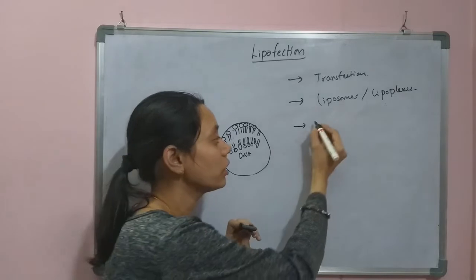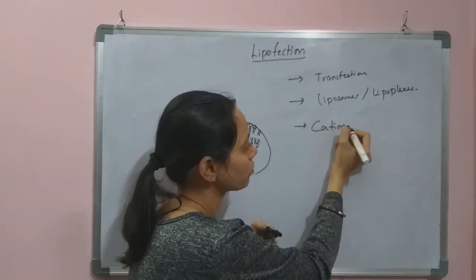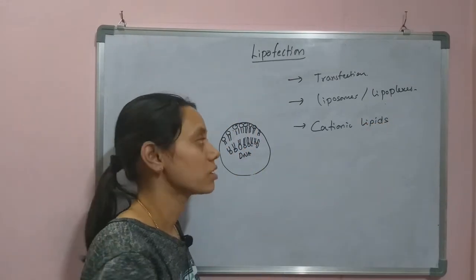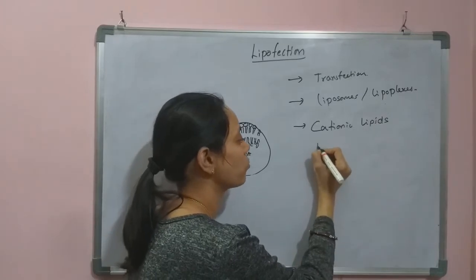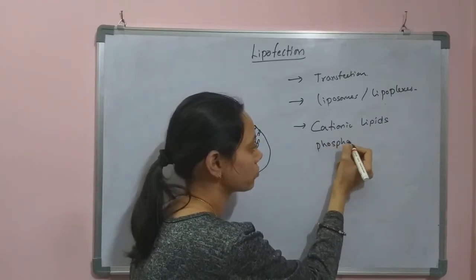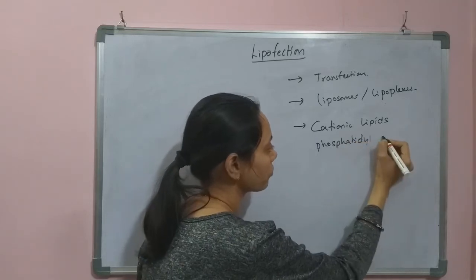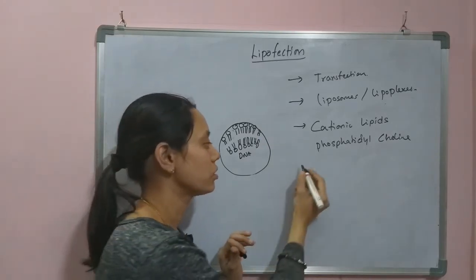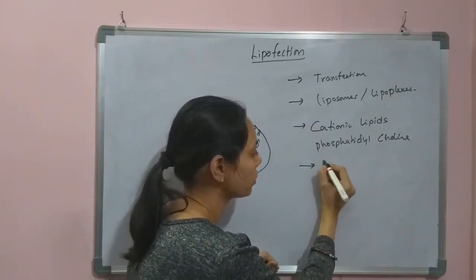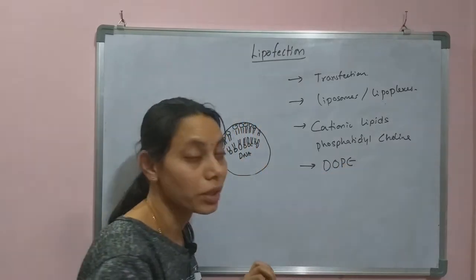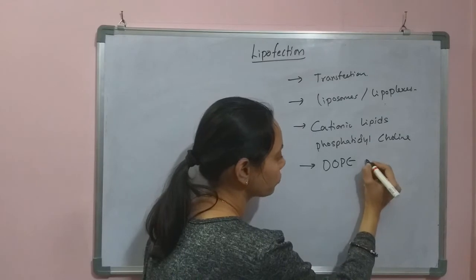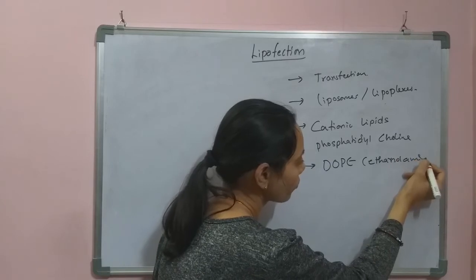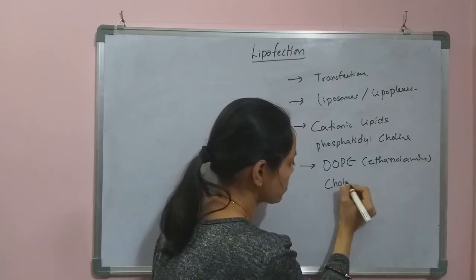These vesicles will be formed with cationic lipids, such as phosphatidylcholine, in combination with DOPE or phosphatidylethanolamine, or cholesterol.